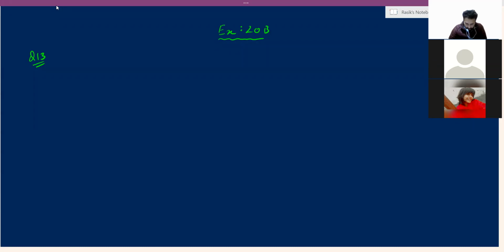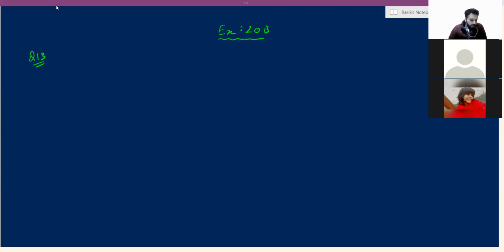Sir, 1056 centimeter square. Meter square. Is that the area of all the 15 pillars or one pillar? CSA, sir. One pillar. Have you converted the radius of the pillar in meters?